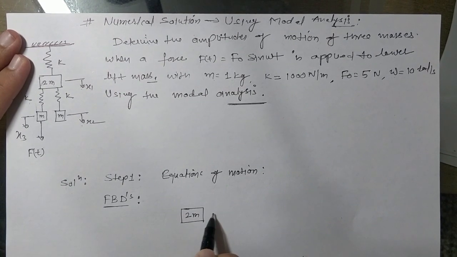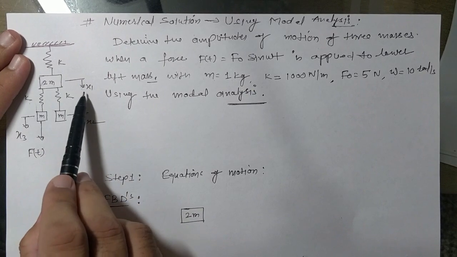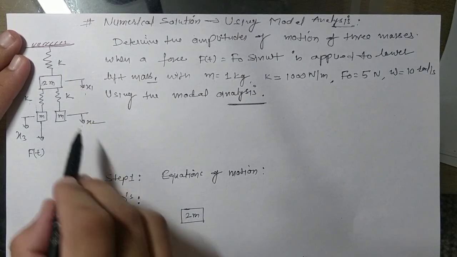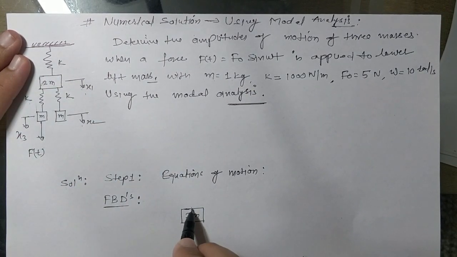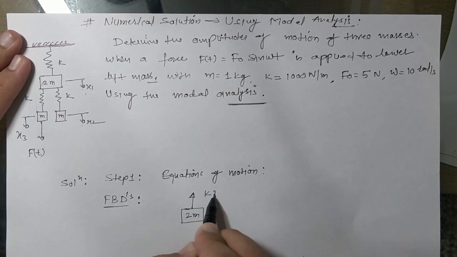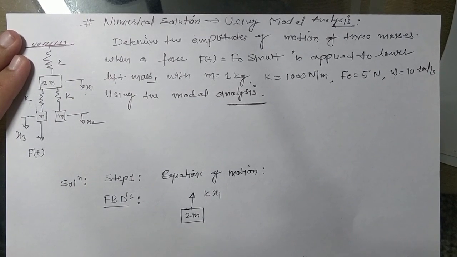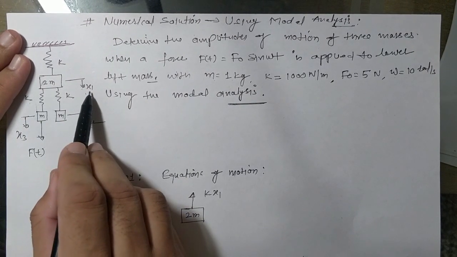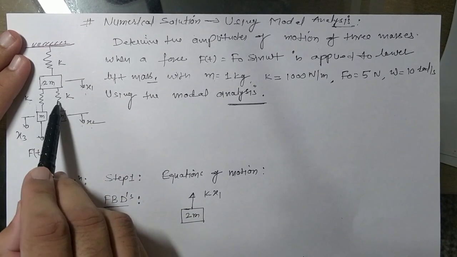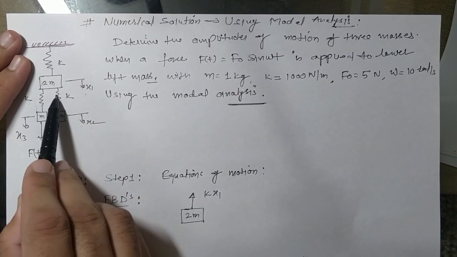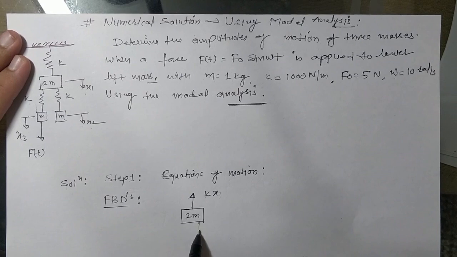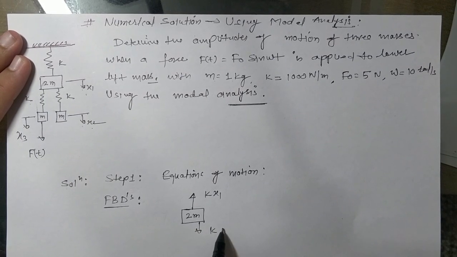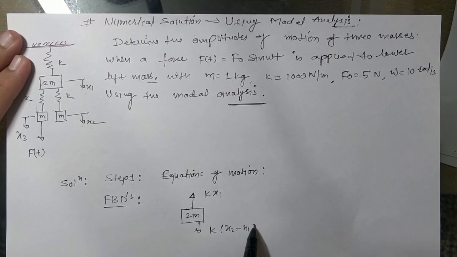If this mass 2m is displaced by x1, then there would be one force in the upward direction, that would be k x1, and another force: if we take x2 minus x1 as positive, then this spring would be in tension and will apply a force in this direction, k times (x2 minus x1).